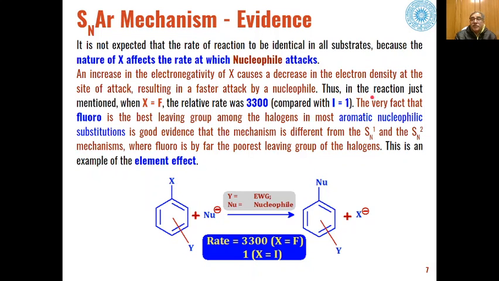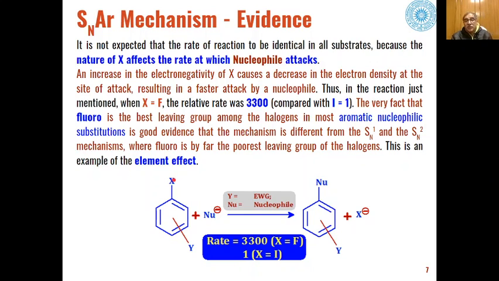So this experiment was done where X is fluorine or X is iodine. It was found that with iodine, which is less electron active than fluorine, if the rate of reaction was taken as 1, the rate of reaction was found to be 300 times faster when X is fluorine.